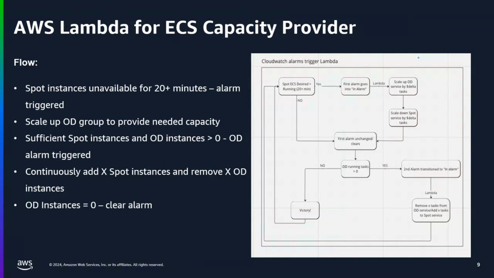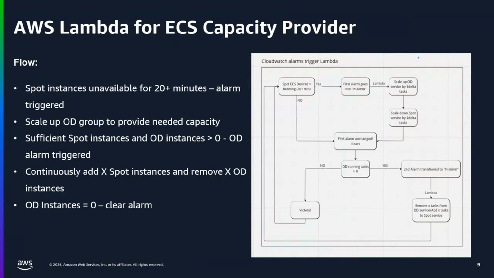And remember, capacity provider cannot automatically switch between the two. There is no timeout limit. It will keep on trying for the capacity until accomplished. So if for 20 minutes, and again, it's a time we have to choose depending upon our workload, the capacity provider is not able to meet the capacity, definitely there is some issue.